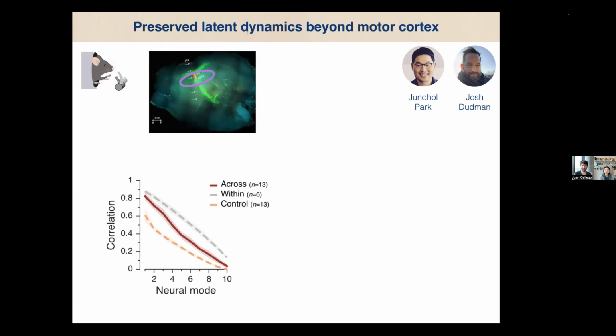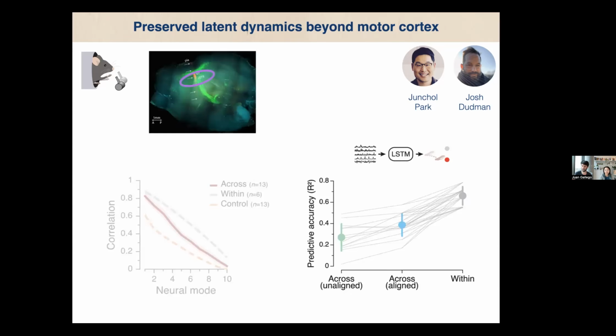So we did the same analysis, and we could align these latent dynamics across mice, and the correlations are very similar to those we found in motor cortex. And we could also decode across mice. If you remember, our ability to decode across mice for motor cortex was a bit lower than for monkeys, as you can see here overall for striatum.